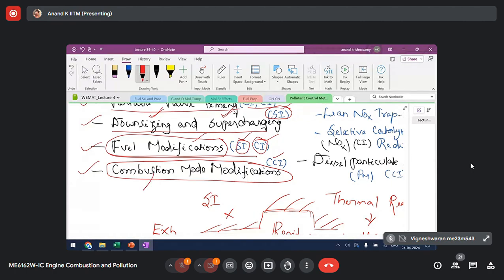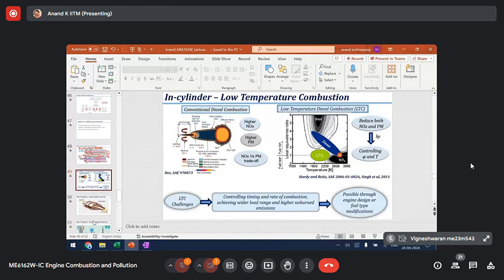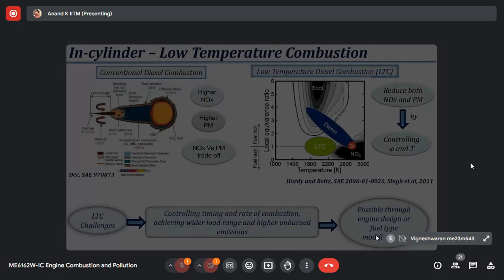And with this combustion mode modification, you can bring down NOx and particulate matter to near zero level. So almost zero levels of NOx and particulate you can achieve if you do combustion modification in the CI engine. Now let us look at what we are doing here in terms of combustion mode modification.